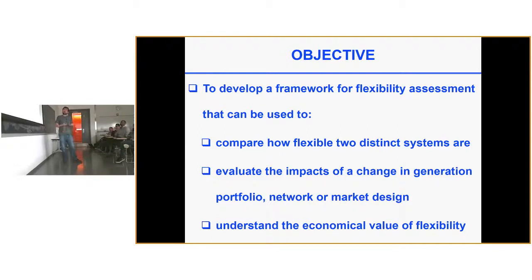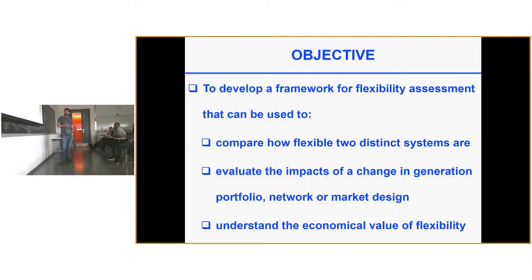So our objective is to develop a framework that we can assess flexibility, say how flexible a particular grid with a particular set of resources and flexibility requirements is. And we want to be able to tell this system A and system B which one is more flexible. And each system will have its particular properties.